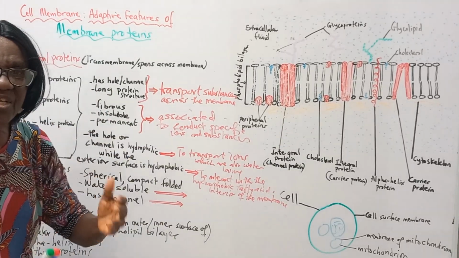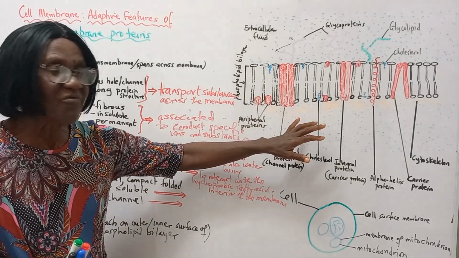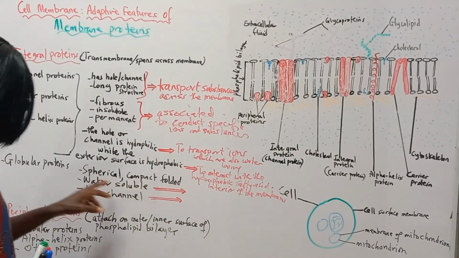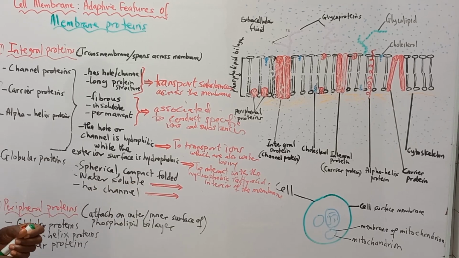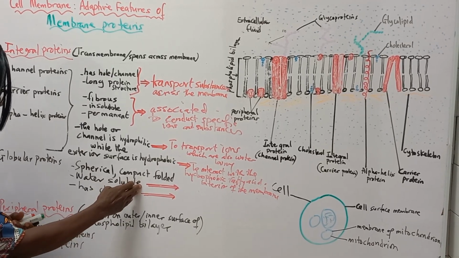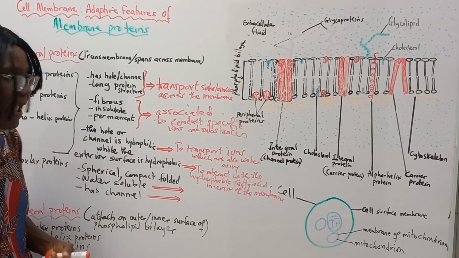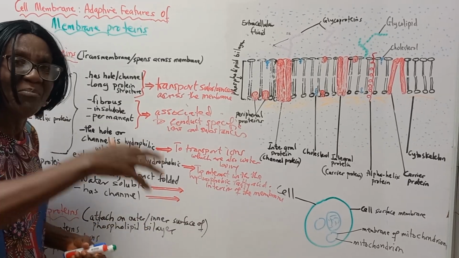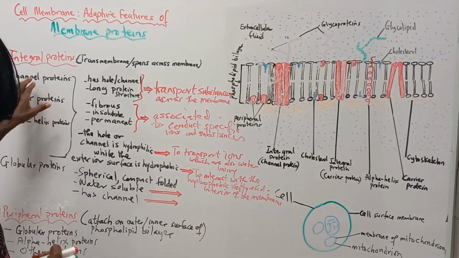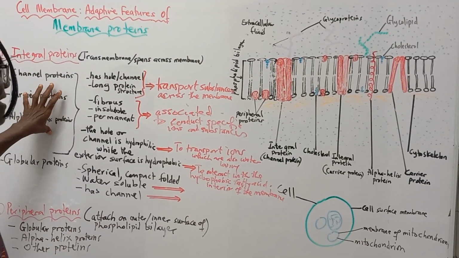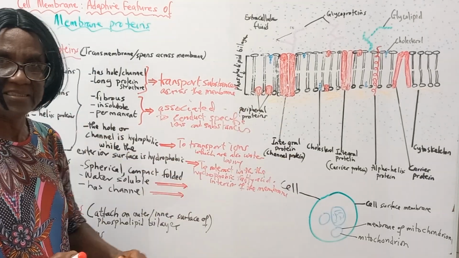As the cell changes and processes go on, new proteins will have to be formed. So being water soluble, they can easily be dissolved and easily made when needed. However, the other integral proteins are not water soluble; they are fibrous and permanent.